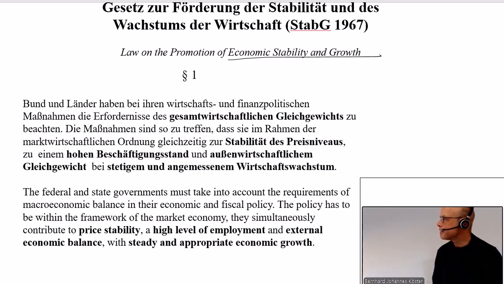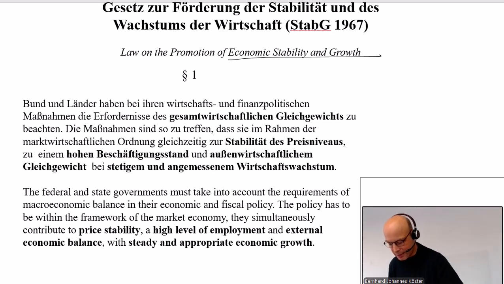And of course, this is written down in German, but I translated it for you, and there we find exactly these four different aims. So the federal and state government must take into account the requirements of macroeconomic balance in their economic and fiscal policy. The policy has to be within the framework of market economy. This is also important, that we assume a framework of a market economy.